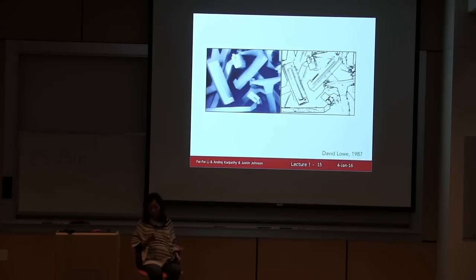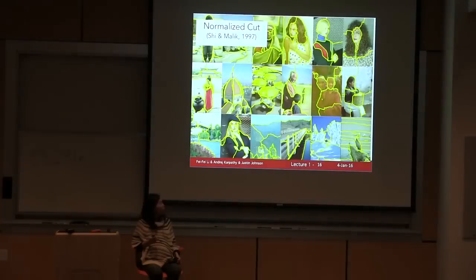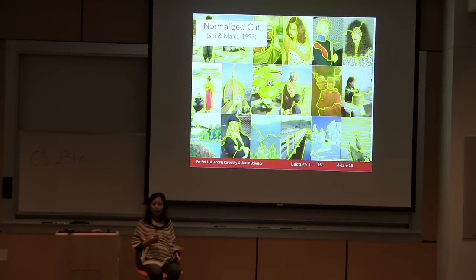Starting in the 90s, we finally start to move into colorful images of the real world. What a big change. Again, a very, very influential work here is not particularly about recognizing an object, it's about how do we carve out an image into sensible parts, right?